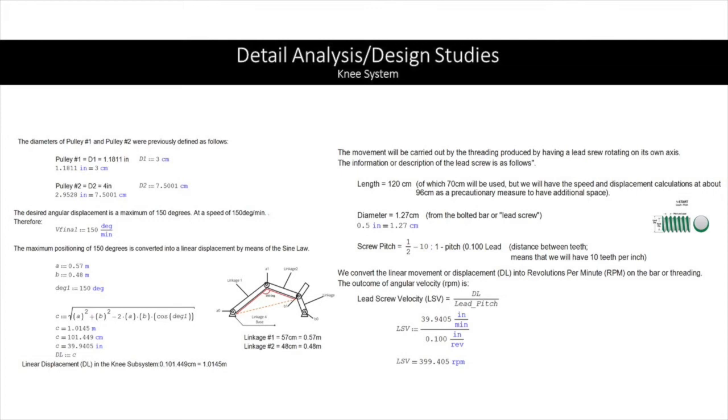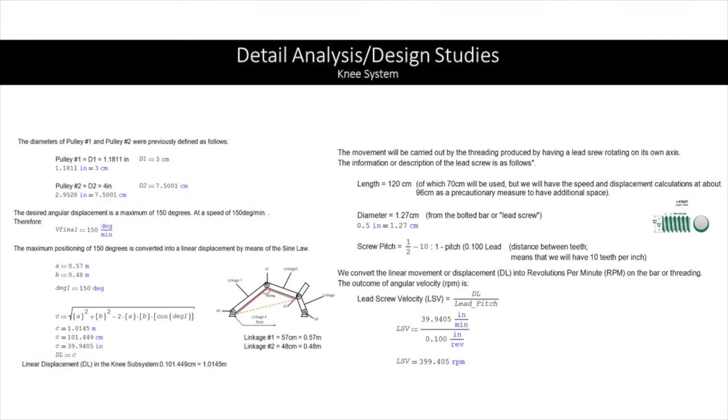If we use this information, we convert the linear movement or displacement into revolutions per minute, or RPM, in the bar or threading. The outcome of the angular velocity, or RPM, is the linear displacement divided by the lead pitch, which is 39.9405 inches per minute divided by 0.1 inches per revolution.